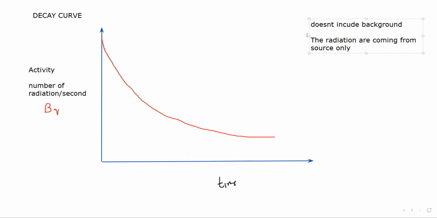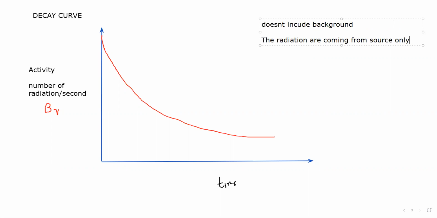So if the radiations are coming from the source only, how can we find the half-life using a decay curve?